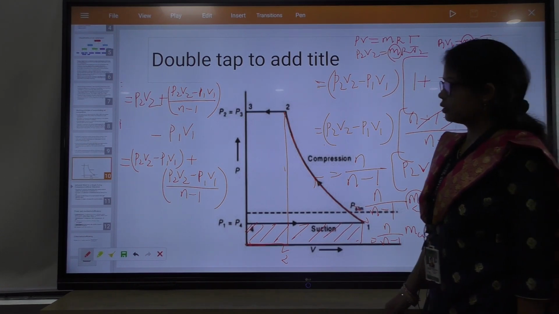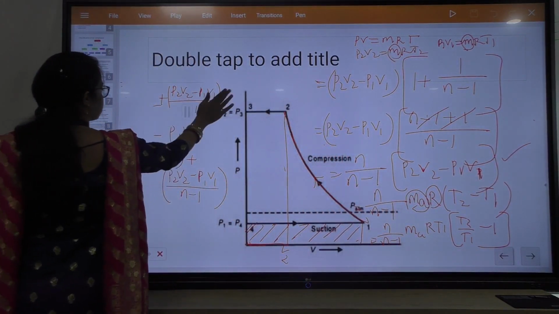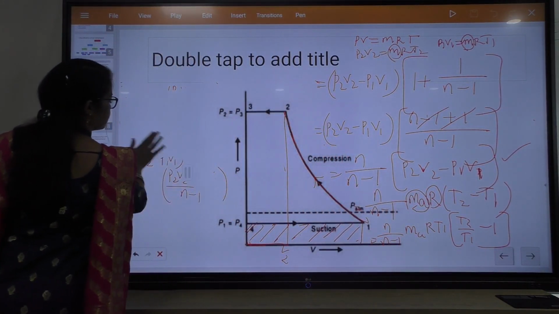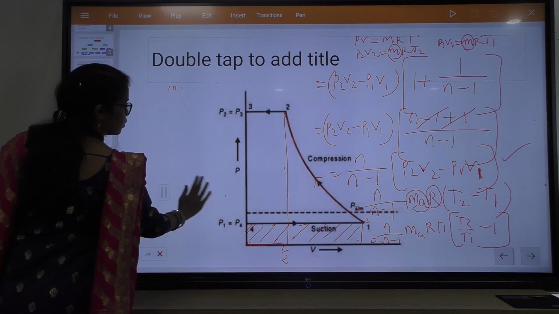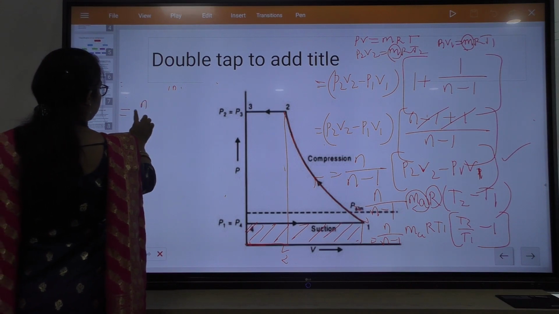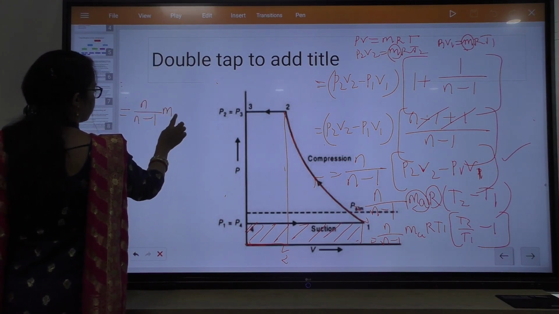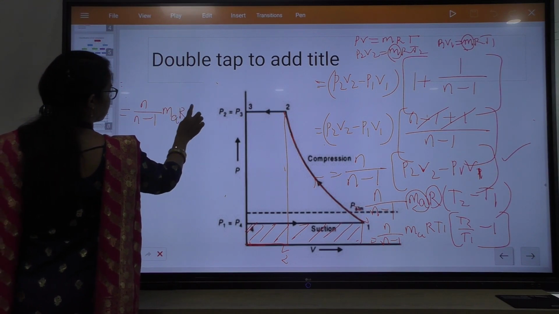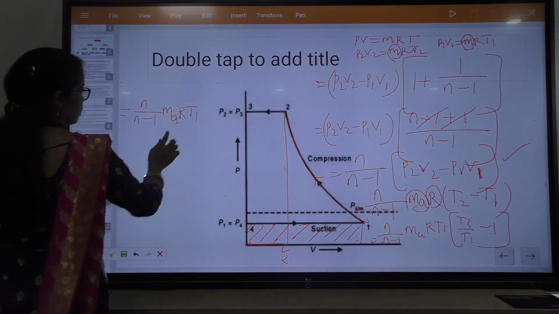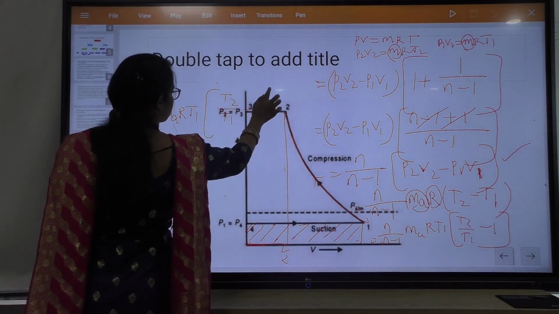Clear? This is the further simplification, that is n by n minus 1 MAR T1 whole into T2 by T1 minus 1.